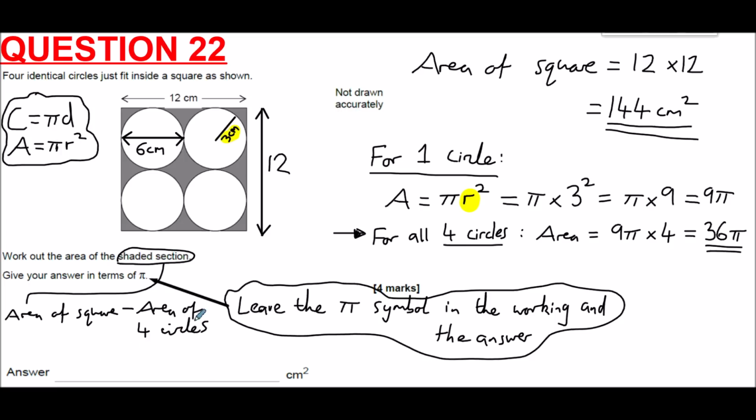Which we can say is 144 minus 36 pi. So that's the area in terms of pi, that many square centimetres.